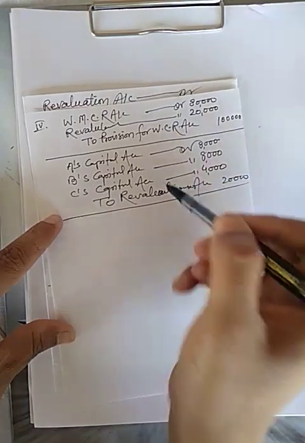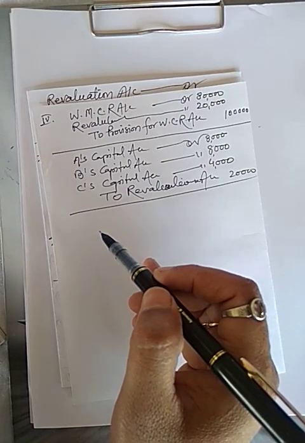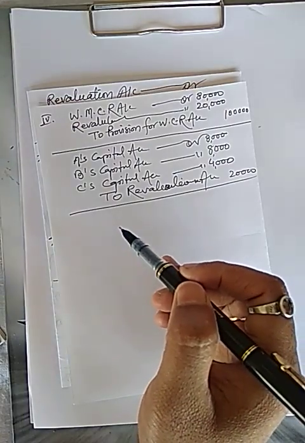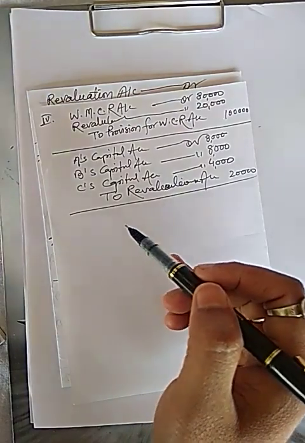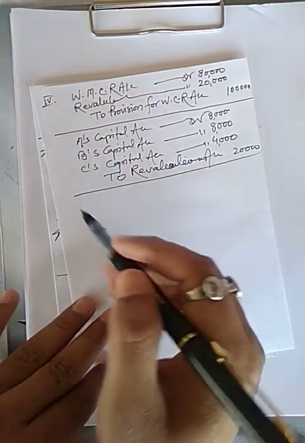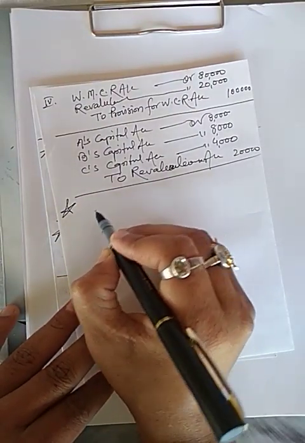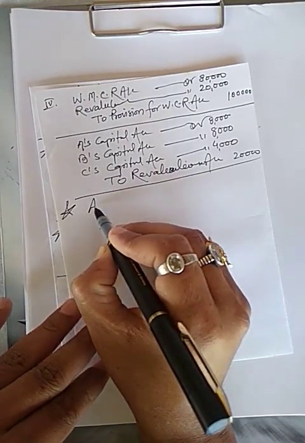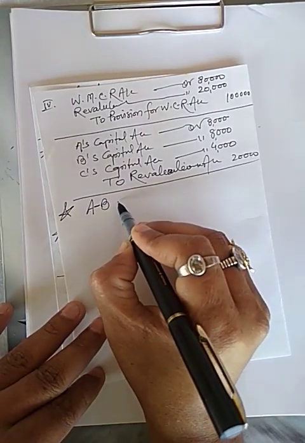Now see some other example also based on this topic. The illustration is, suppose A and B were partners in a firm in the ratio of 3:1.